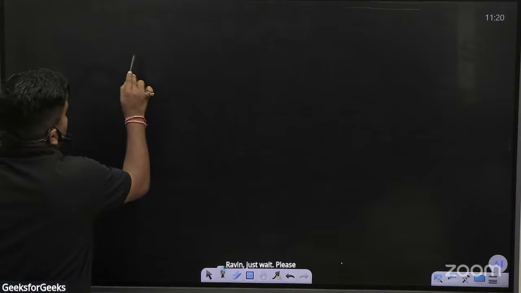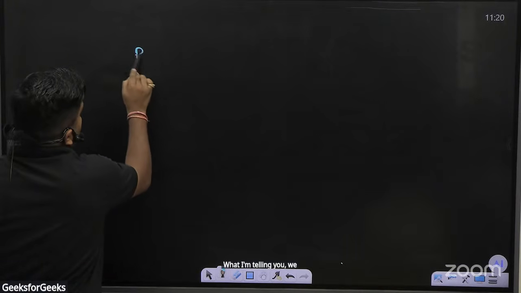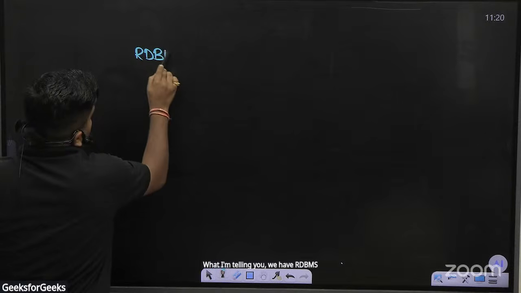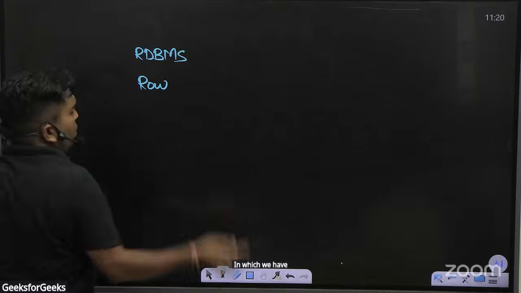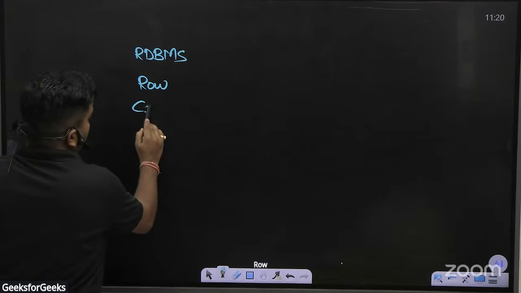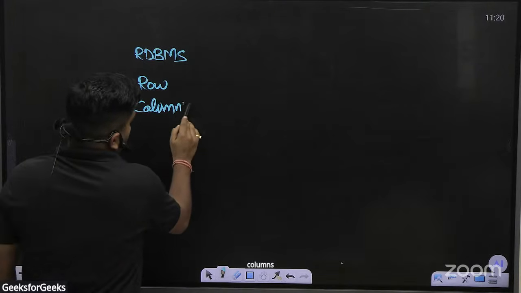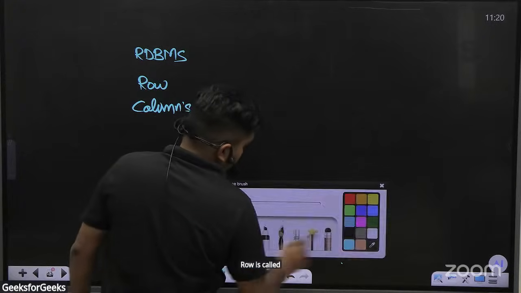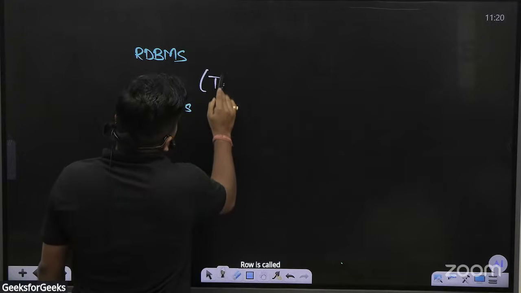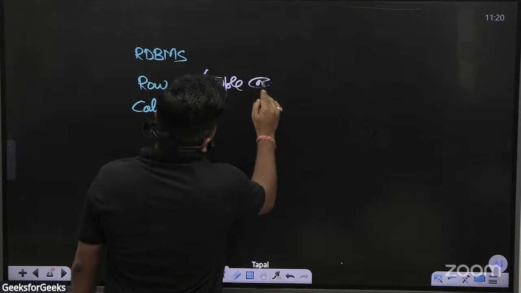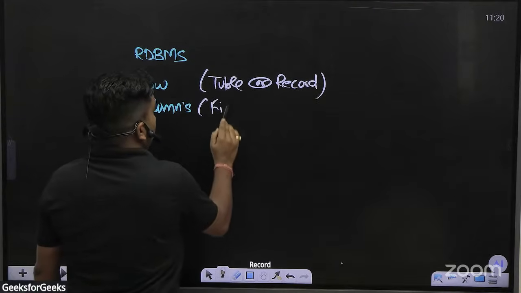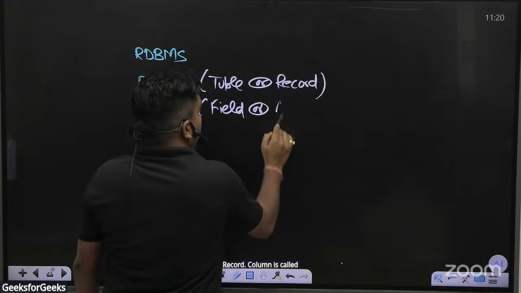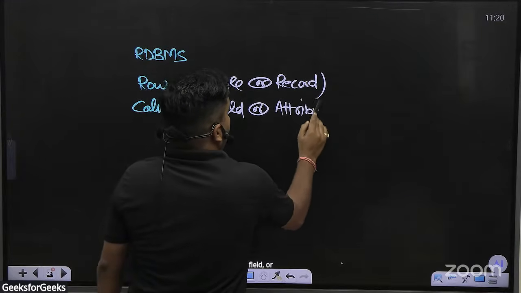Praveen, just wait. What I am telling you, we have RDBMS, in which we have rows and columns. Row is called tuple or record. Column is called field or attribute.